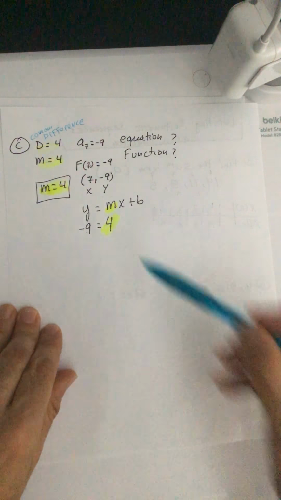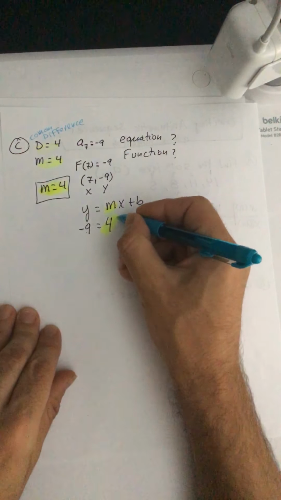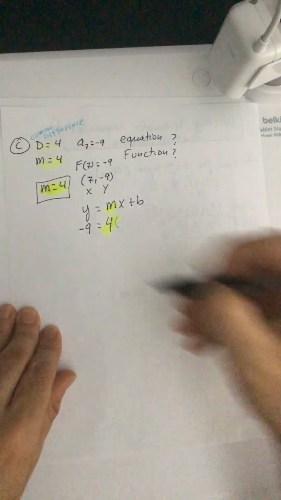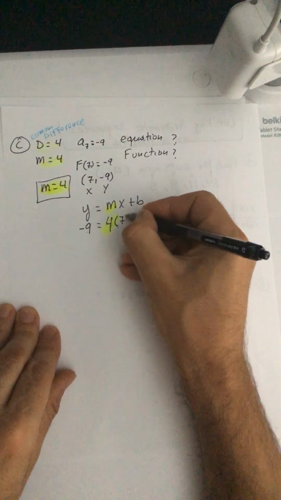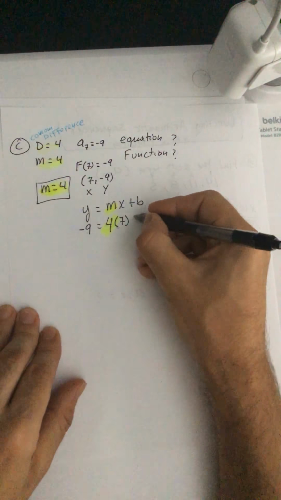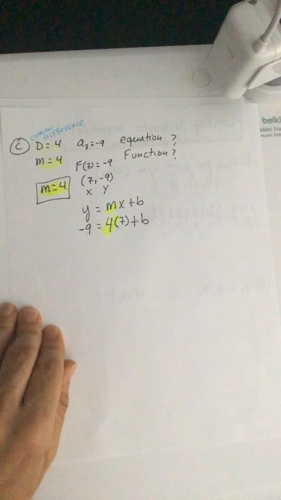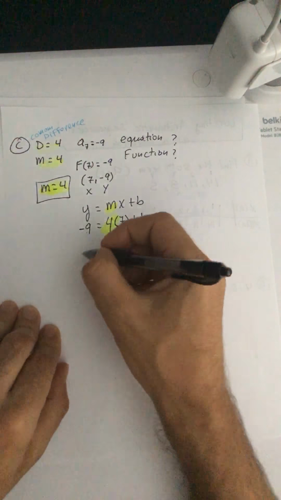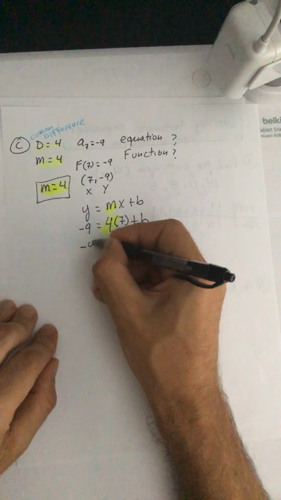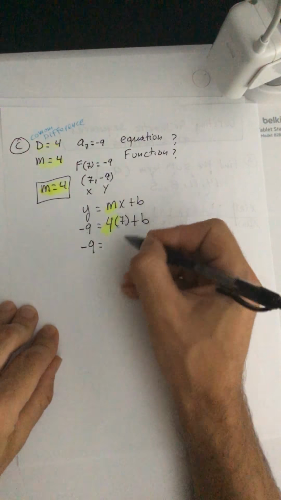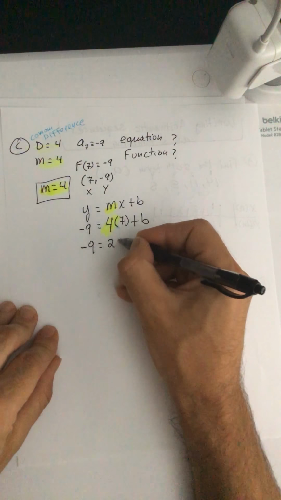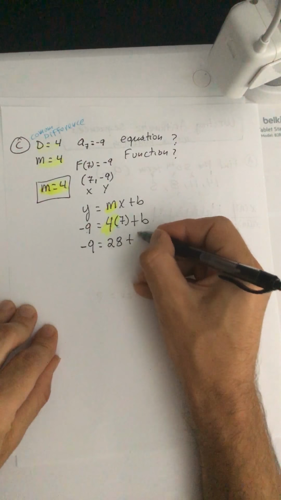My x is 7. Let me write it down, use a different color. 7, plus b. Now I gotta solve this linear equation here, simplify and solve it. So -9 equals 4 times 7, that's 28, plus b.